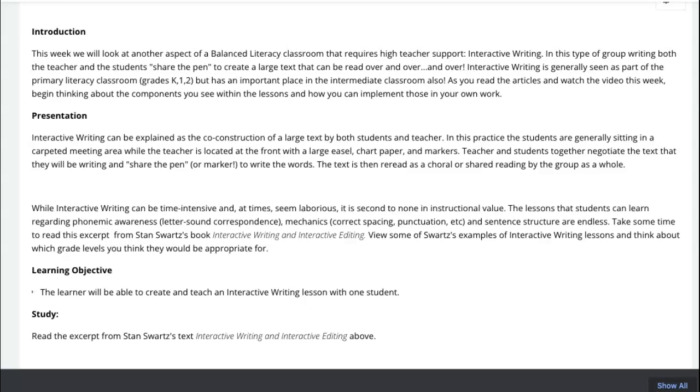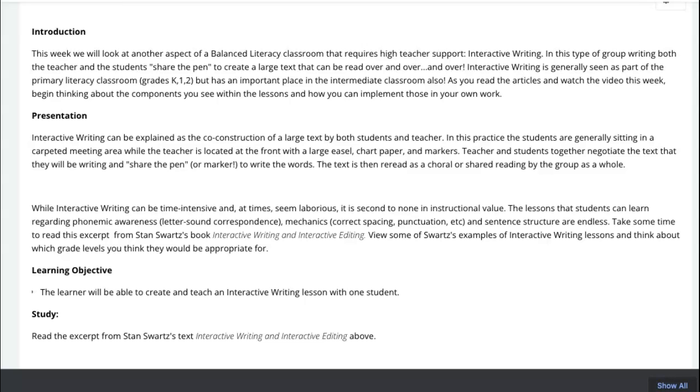For example, a list serves one purpose. Sequential directions serve another. These writings not only have different functions, but also different formats. We want the children to know that other people will be reading their writing and it will need to make sense to others.